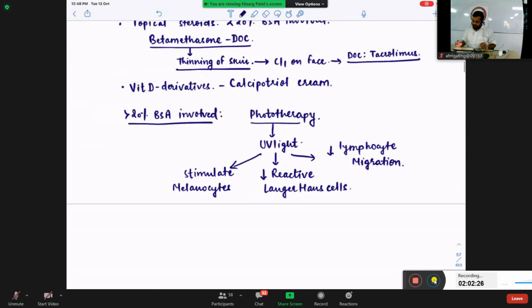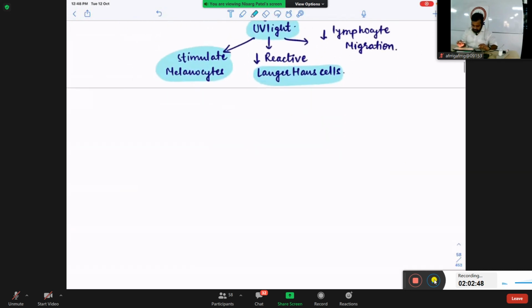So as you can understand, that is why UV light is helpful, because it will stimulate the melanocyte. It will reduce the autoimmunity in that area. So what will happen after giving the ultraviolet light? There will be less destruction, and my skin will start to have repigmentation. Okay. So generally we give two types of ultraviolet therapy. So UVA therapy.